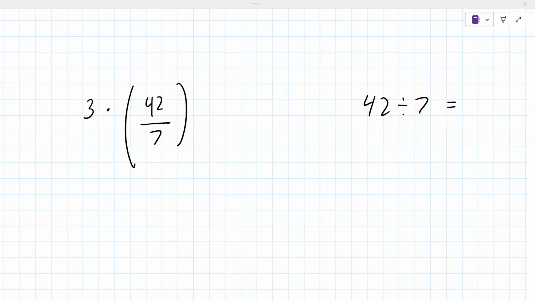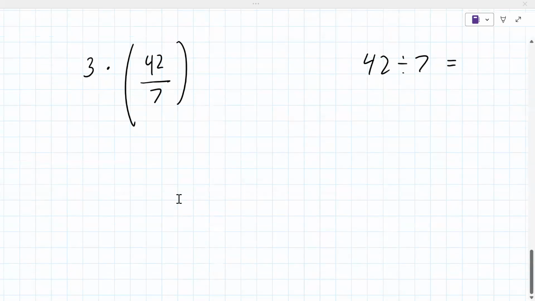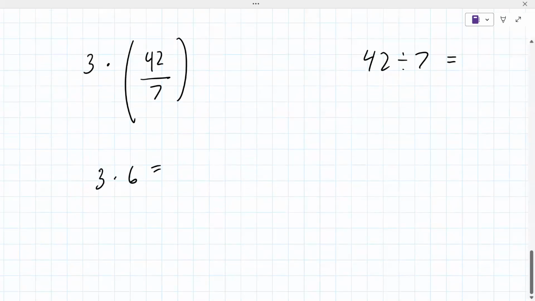I mean, not always possible, but so then it's 3 times 6, which is 18.